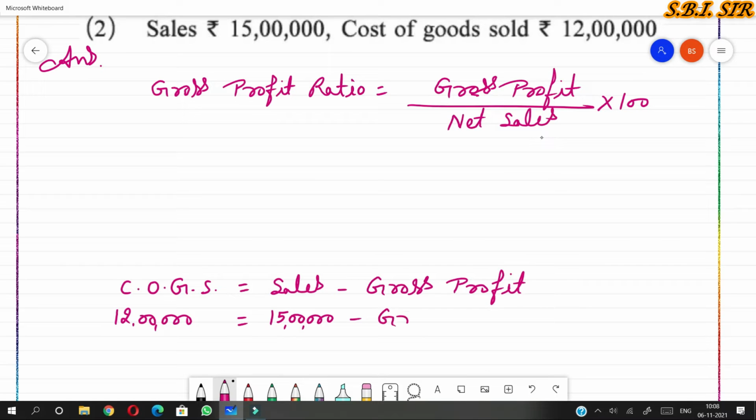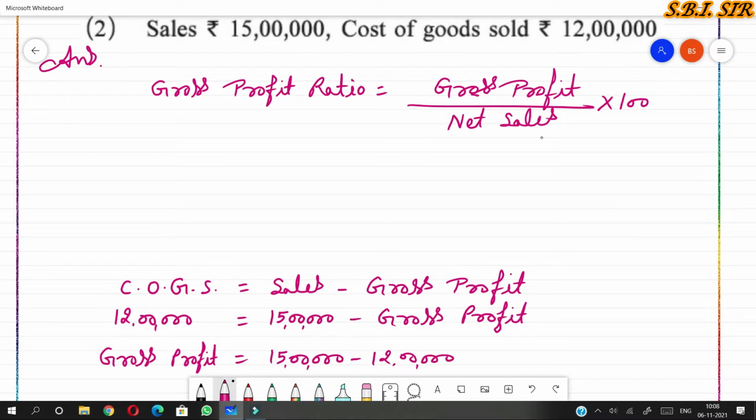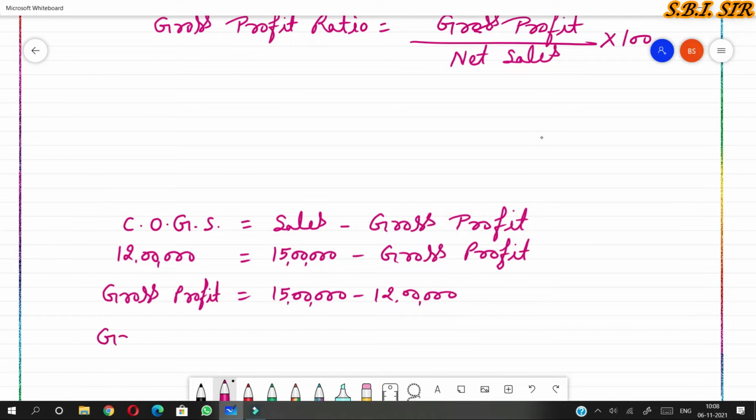Then we have to find out gross profit. Gross profit equals, the 12 lakh goes to the other side so it will convert to minus. Gross profit equals 15 lakh minus 12 lakh, which means 3 lakh rupees.